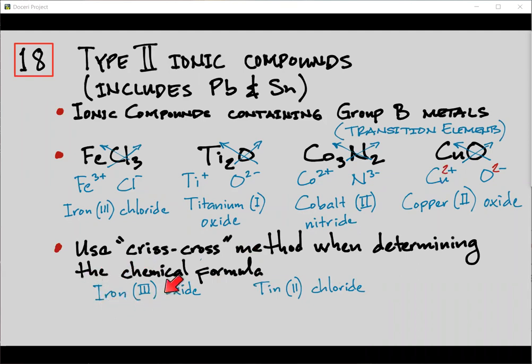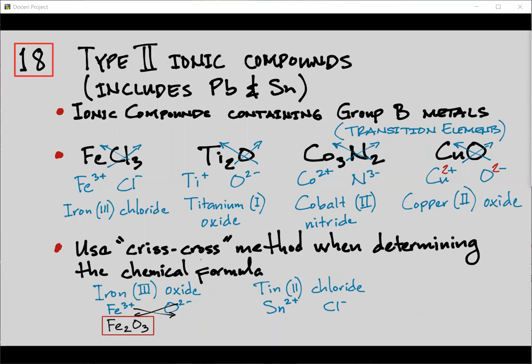You can see that in iron(III) oxide, the iron has a +3 charge. The oxide has a -2 charge. And so when you crisscross, what you get is Fe2O3. All right, and for the tin(II) chloride, tin, Sn, would have a +2 charge, and then the chloride has a -1.